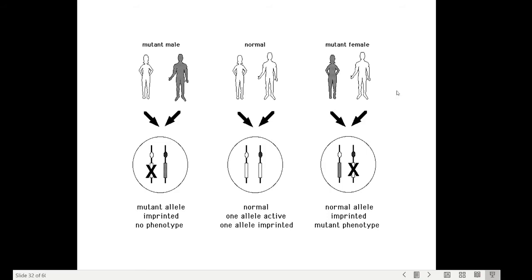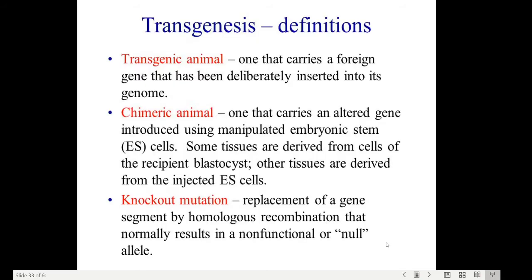If there is a mutant female involved in zygote formation, the normal allele is imprinted and the mutant is a phenotype.